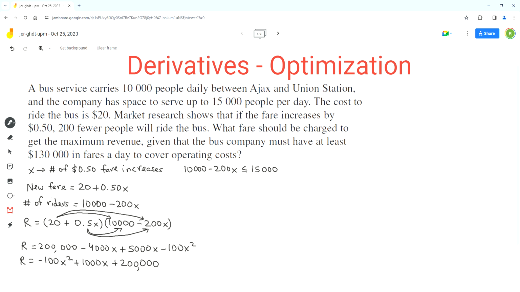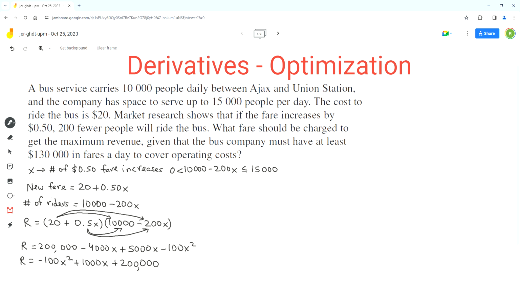And at the same time, the number of riders cannot be equal to 0, because if it's equal to 0, then the revenue will be 0. So it should be greater than 0. So this is the inequality we can solve to find the domain for x.